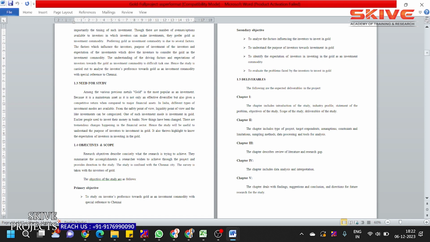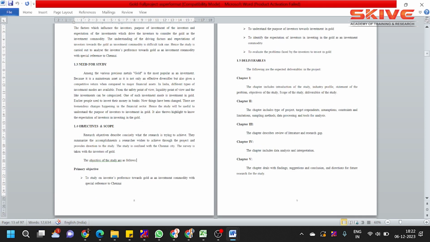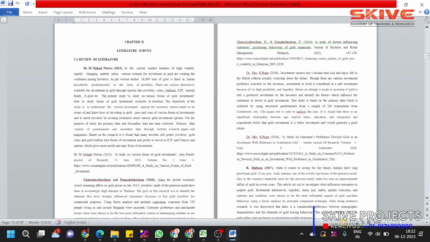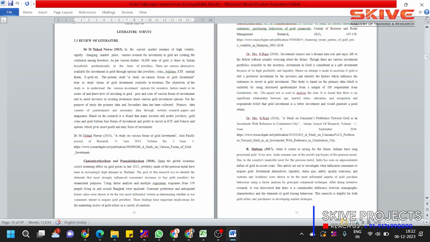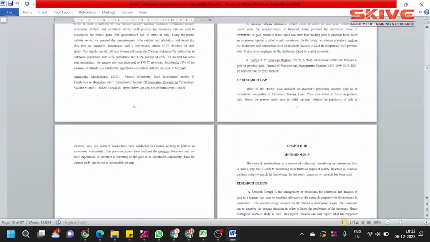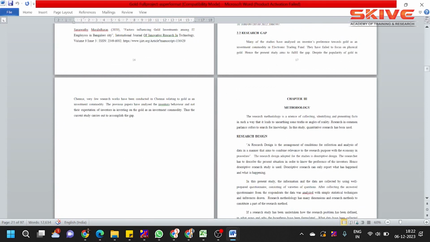The deliverables will be listed here. Chapter 2 covers the literature survey, starting with the review of literature. Here various studies from various journals and books are taken as a reference for this thesis, and the research gap is clearly given.